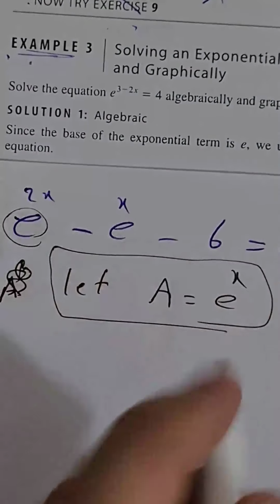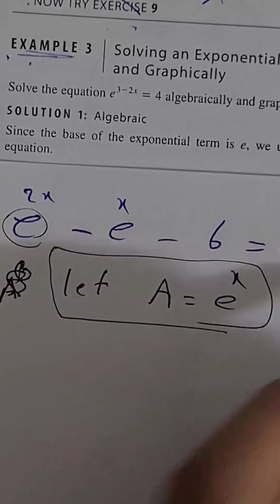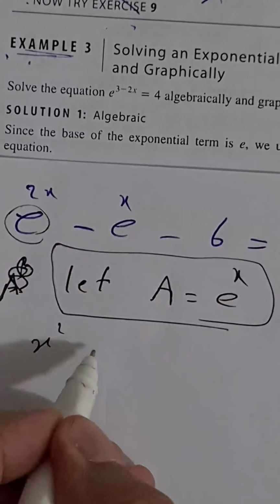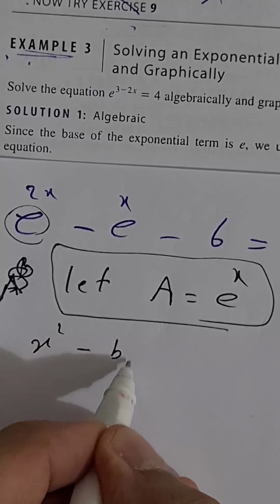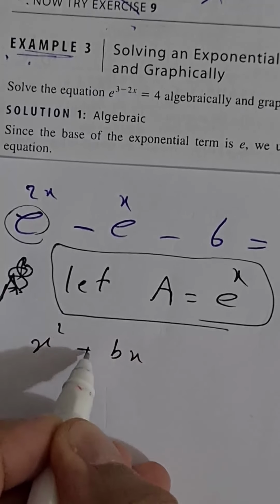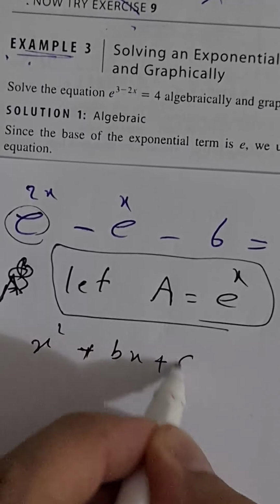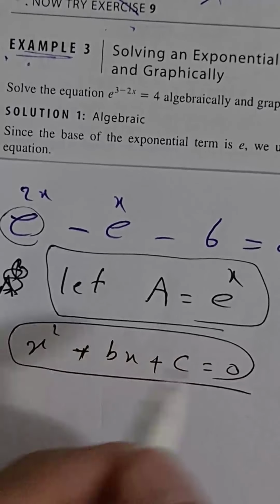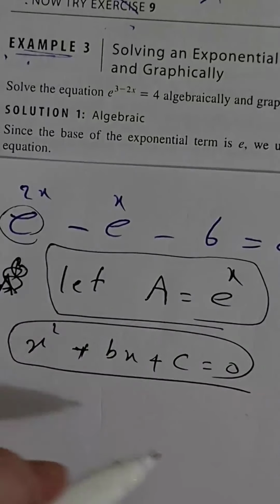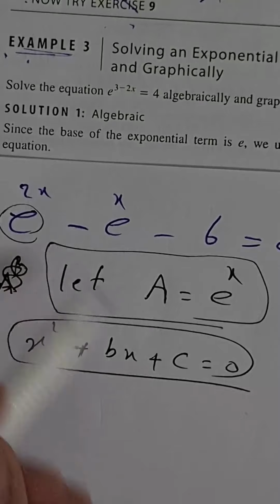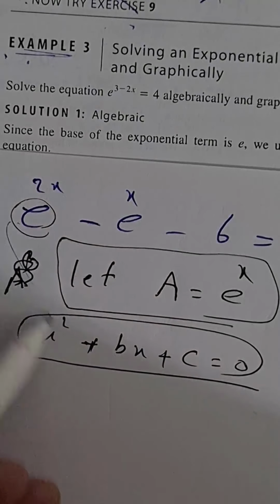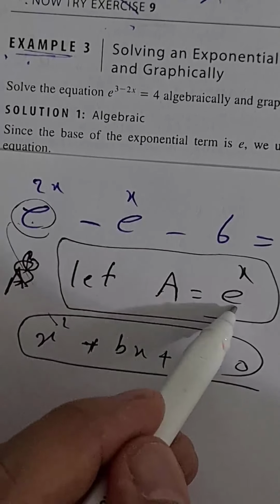This equation is a quadratic equation, and you know the quadratic form is a squared plus bx plus c is equal to 0. So I can imagine this form like that: let a be e to the power x.